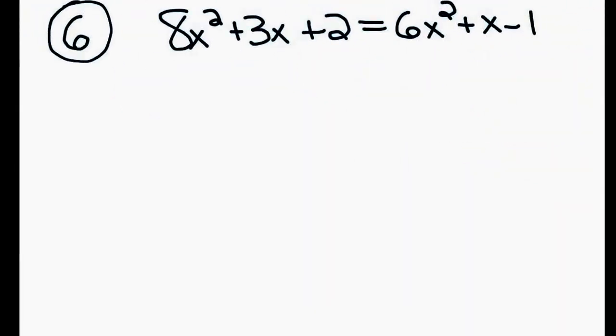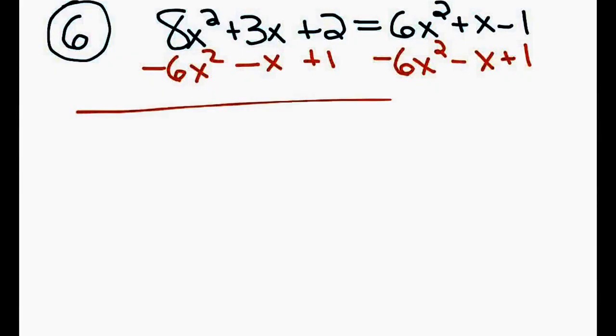Problem number 6 says, when asked to solve the following by factoring, 8x squared plus 3x plus 2 is equal to 6x squared plus x minus 1, what would the equation look like right before you begin to factor? Well, the same thing is true when we want to graph things in our calculator to find the zeros of a polynomial. Before we factor, we want the equation to equal 0.